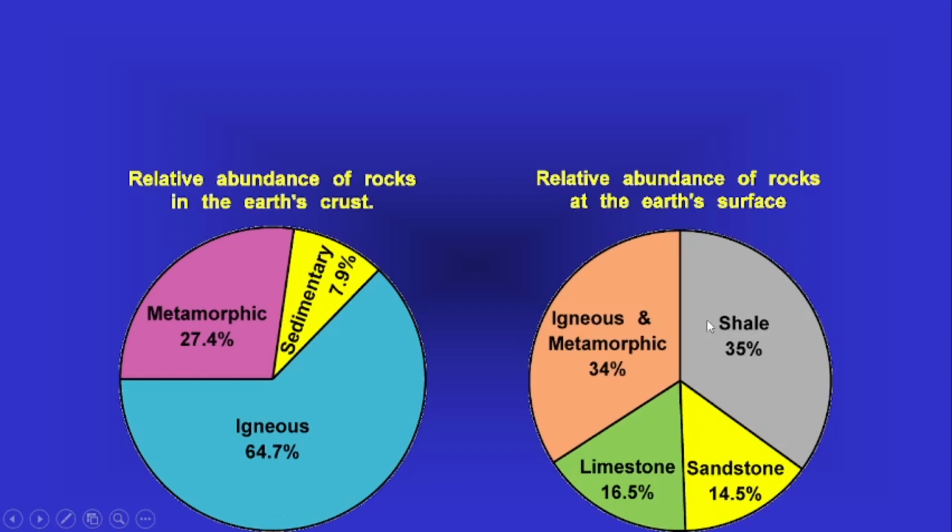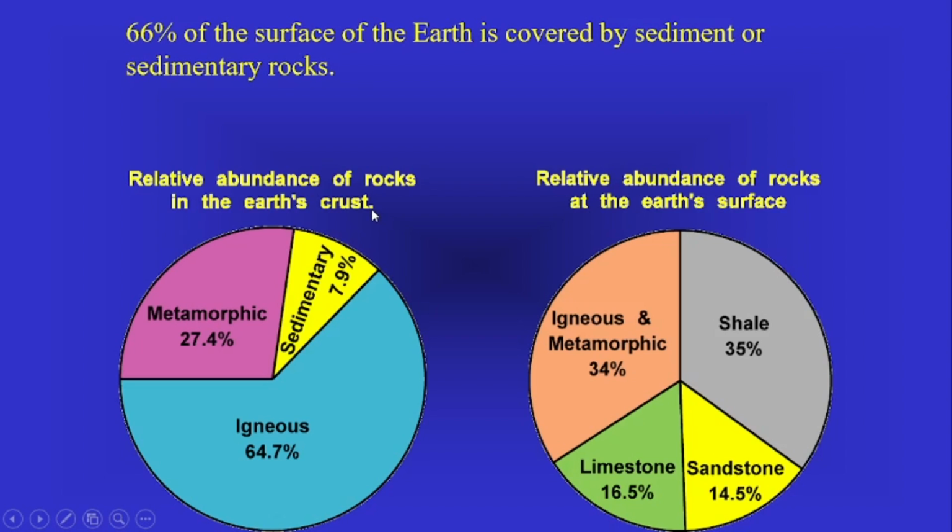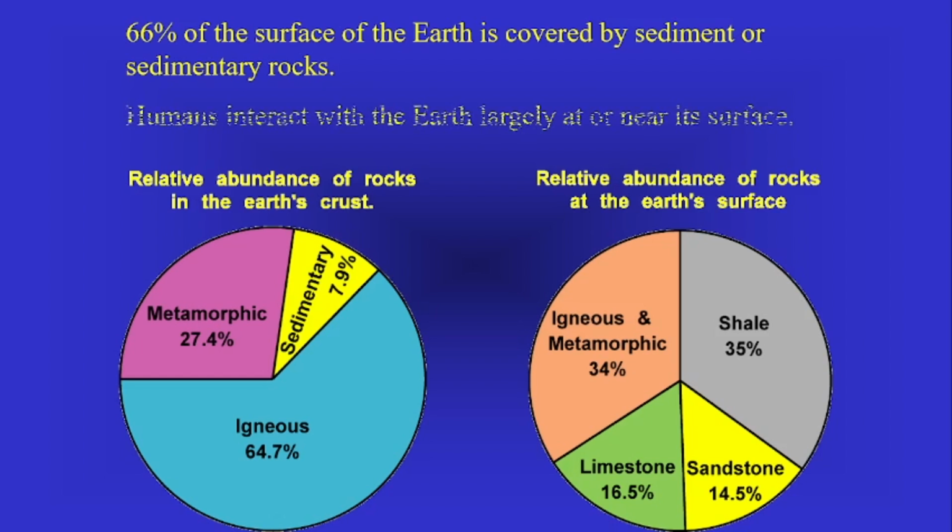So this importance encourages us to understand what those rocks are, what shale is, what limestone is, what sandstone is, how they are produced, and what those products tell us about the story of the Earth. 66% of the surface of the Earth is covered by sediments or sedimentary rocks, which is an encouraging point for us to study these sedimentary rocks.